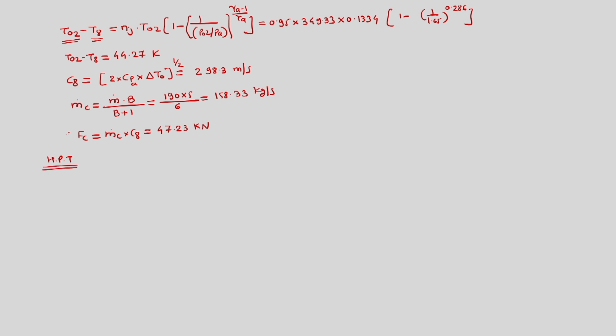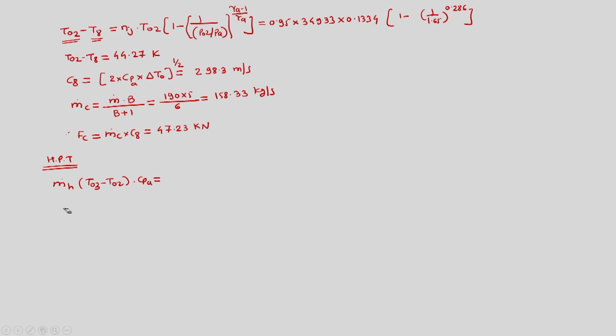High pressure turbine calculations we will start. For the high pressure turbine, it is taking hot air and doing the work, which is T03 minus T02 into Cpa. This work is given to the compressor.